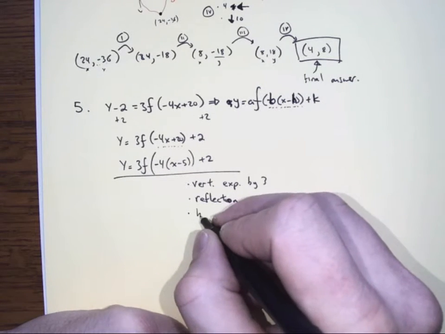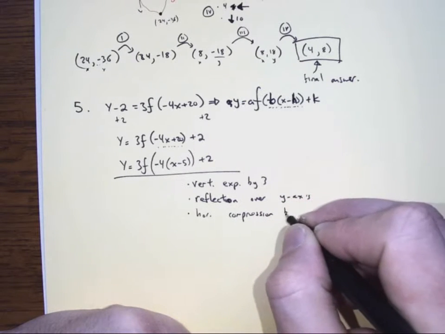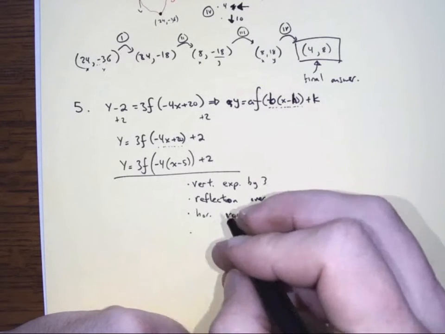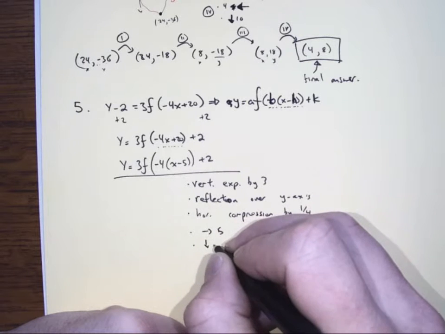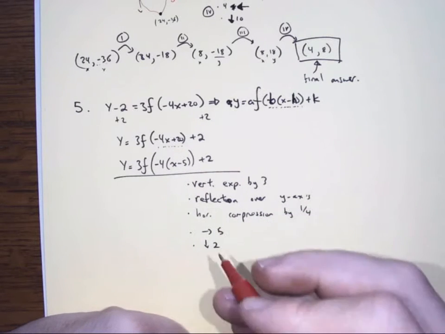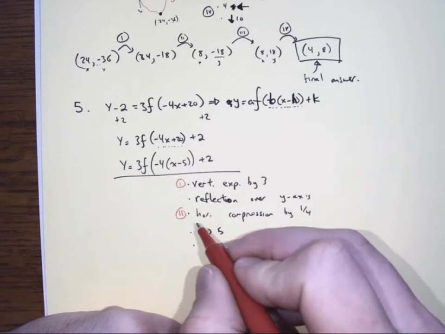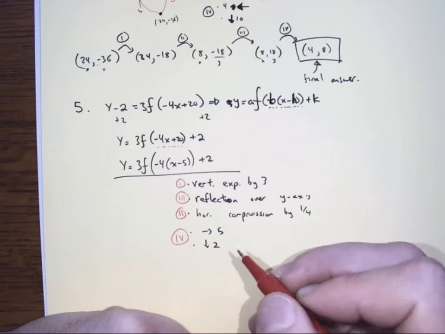This 4 means a horizontal compression by a quarter. I'm going to shift 5 units right. I'm going to shift down 2 units. So I'm going to start with my dilations. Then I'm going to do my reflection. And then I'm going to do my translations.